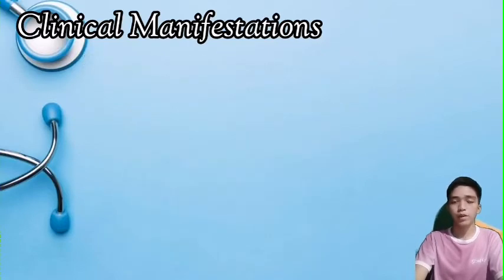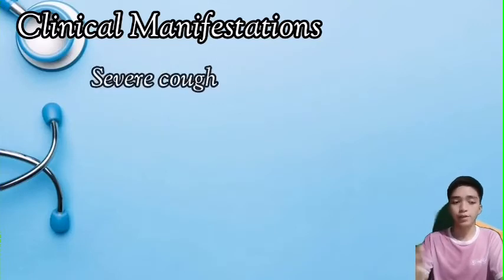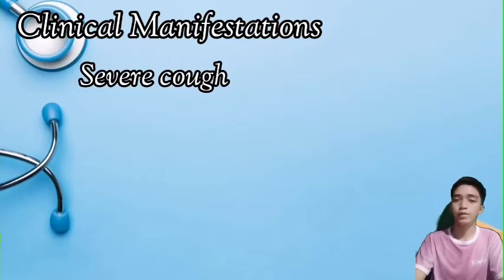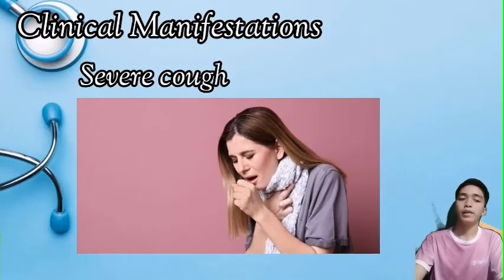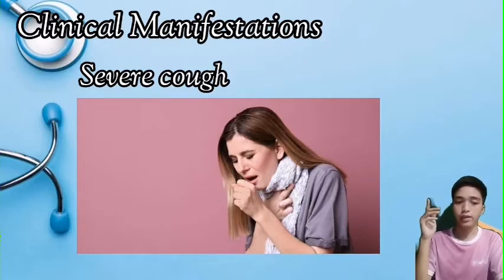The other one is severe cough. These are severe cases of chronic cough. It can cause some vomiting, lightheadedness, and fainting. Most coughs go away on their own, but severe nighttime coughing may be a sign of a serious condition.